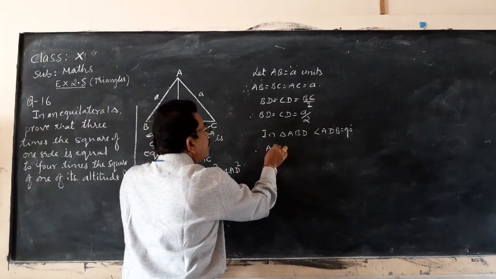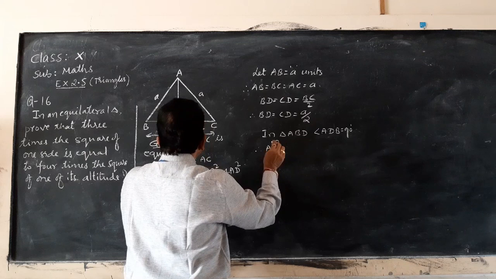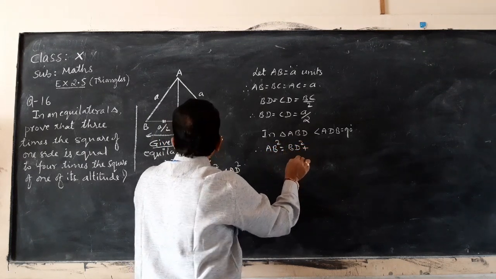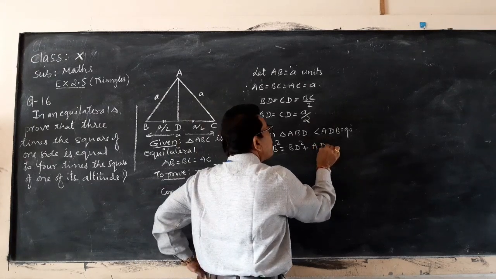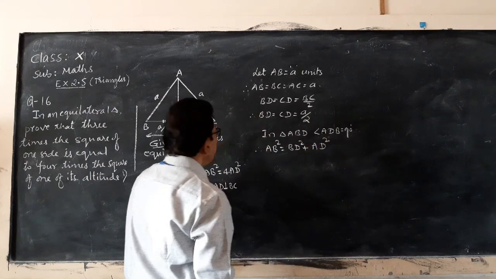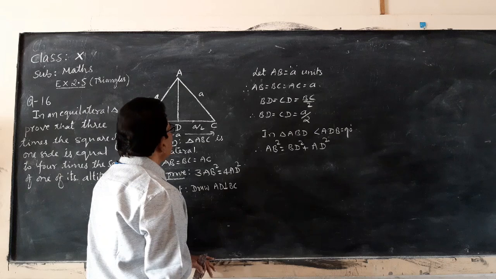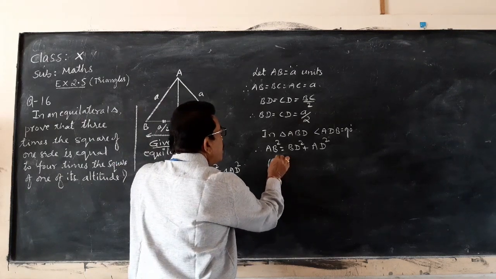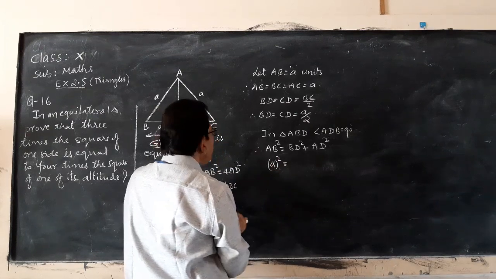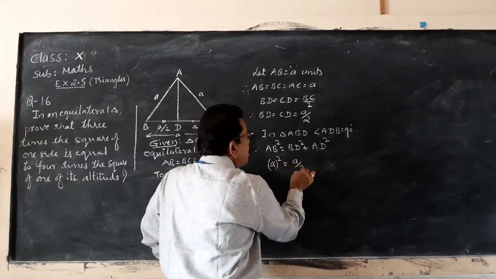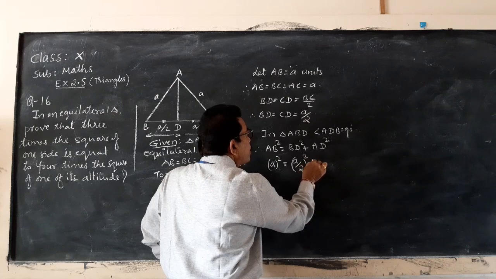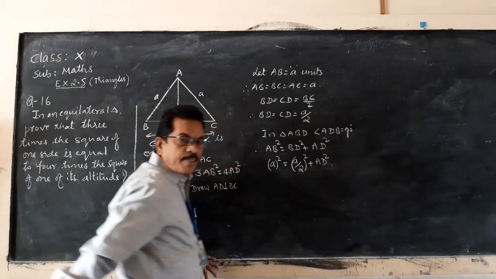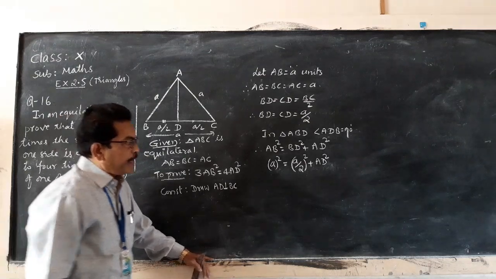Therefore, AB square equals BD square plus AD square. AB square is nothing but A whole square. BD square is nothing but A by 2 whole square, plus AD square.